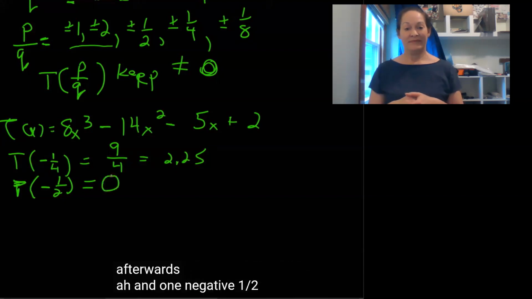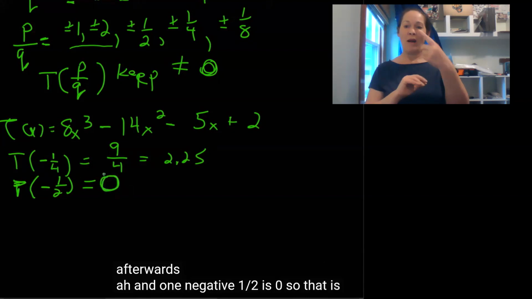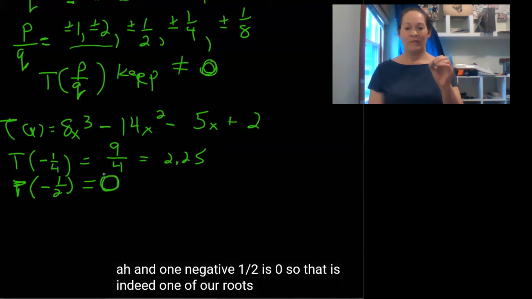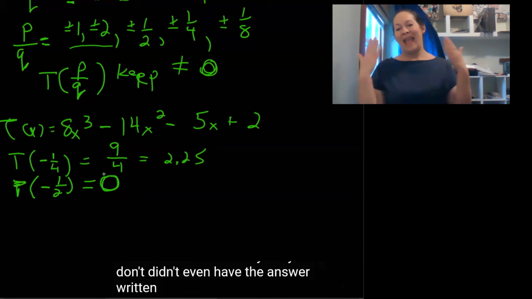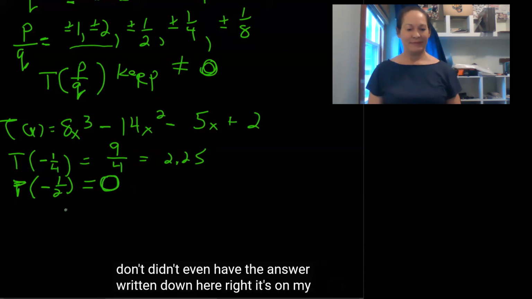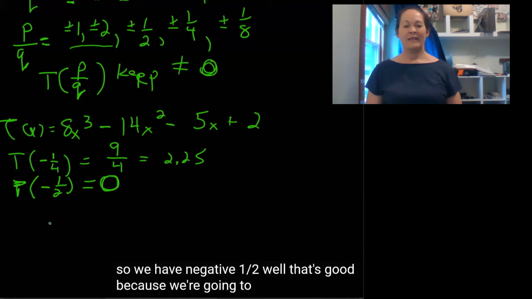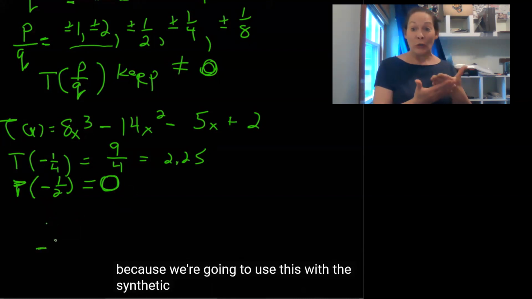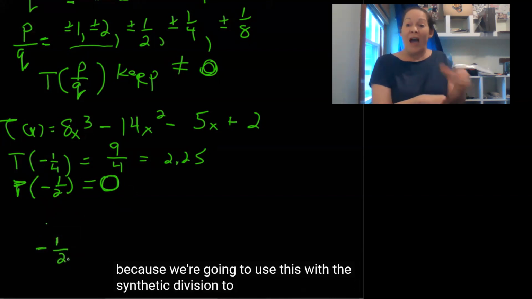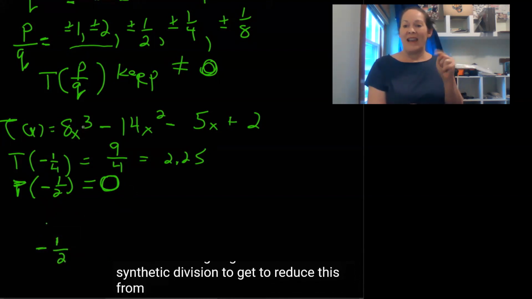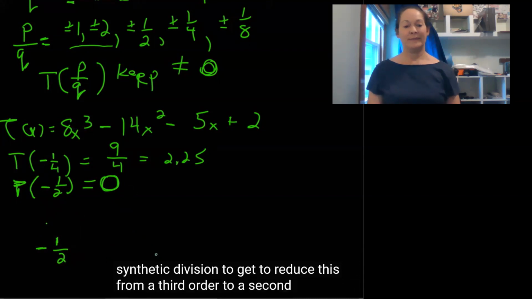And negative 1/2 is 0. So that is indeed one of our roots. Yay! I didn't even have the answer written down here, right? It's on my other paper, which I haven't shuffled to. But so we have negative 1/2. Well, that's good, because we're going to use this with synthetic division to reduce this from a third order to a second order.